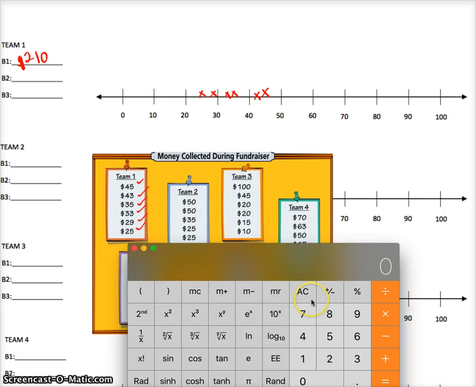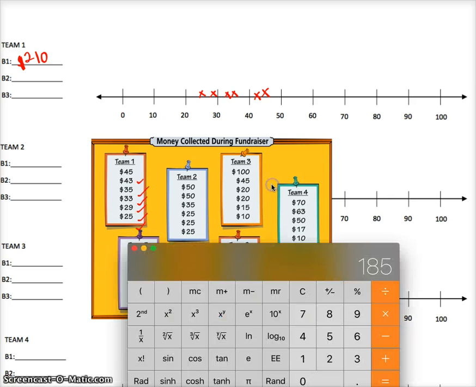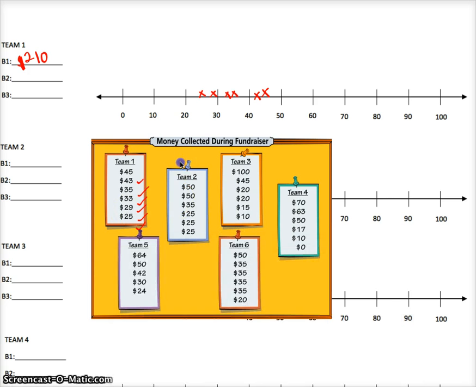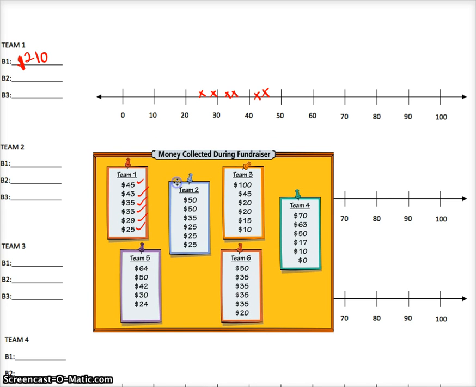Let's see, 50 plus 50 plus 35 plus 25 plus 25 plus, is there another 25 down there? Yeah, there's another one. 3 25s plus 25 equals 210. See, yeah, I knew that the first one would be too easy. So 210 for the total. I'm going to assume that they're 210 for all of them.